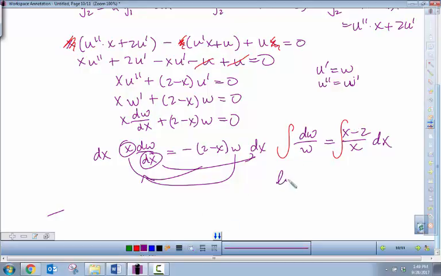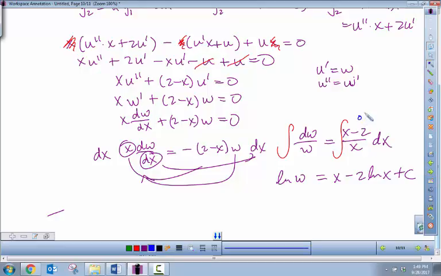And we're going to get ln of w is equal to, right?